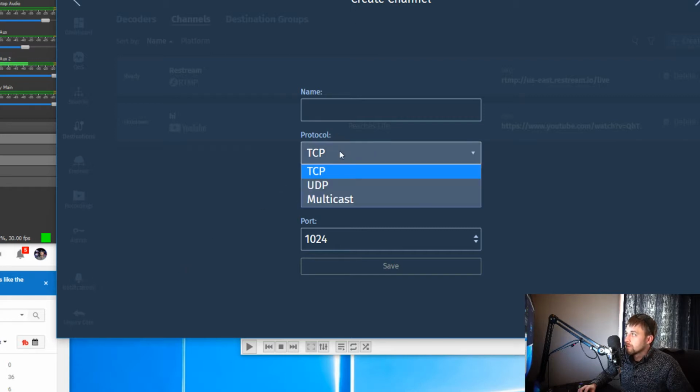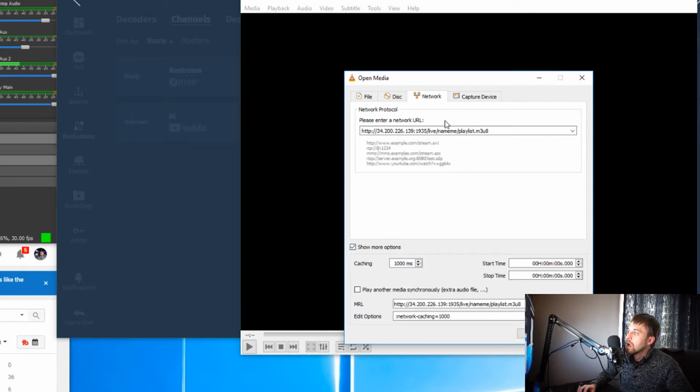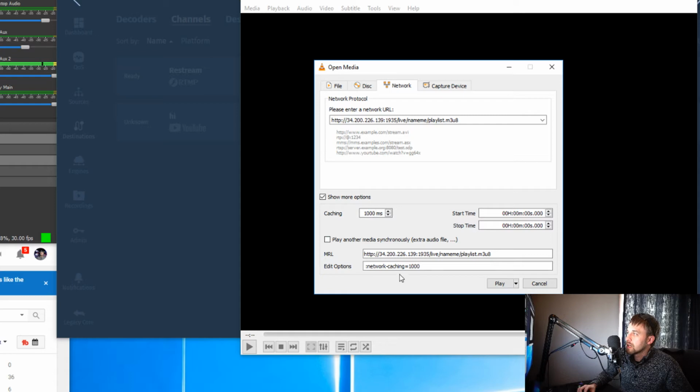I don't know how to get that, because all I need to do is send it on. If I can get a URL, I can pull it in. Here's an example. Show me more options. See, if I can get it into VLC, I can get it into anything at that point.